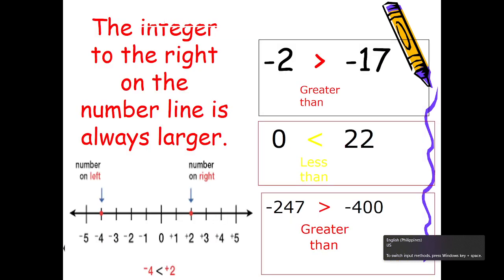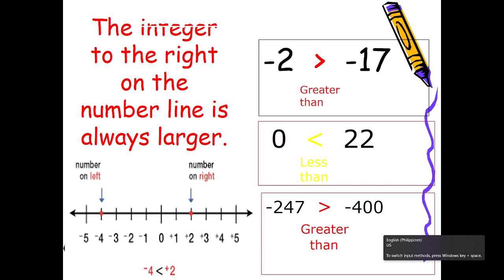Another concept that is fundamental in the lesson on integers is that integers or numbers to the right of a certain number are considered to be greater than that number. So, as an example, I have here some pairs of numbers. The first one is -2 and -17.